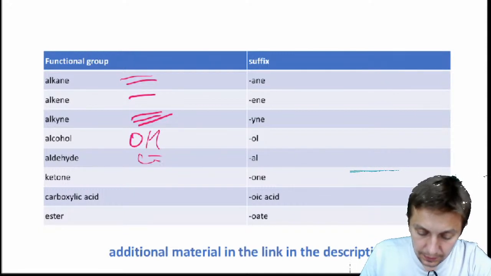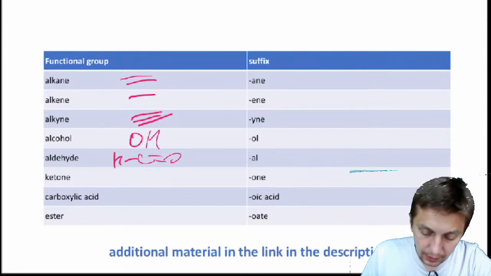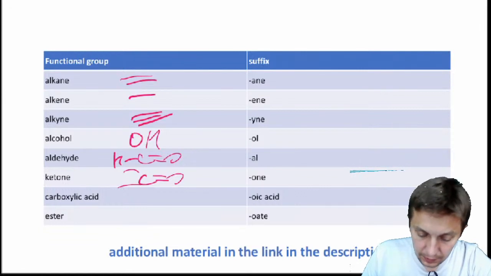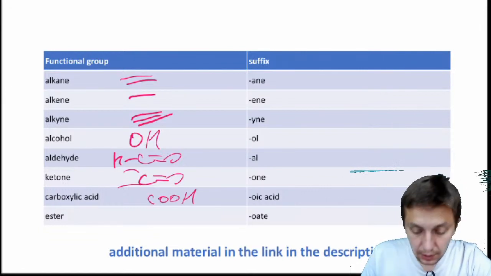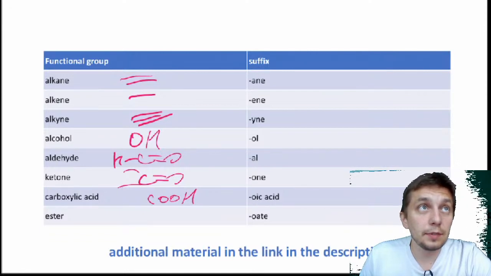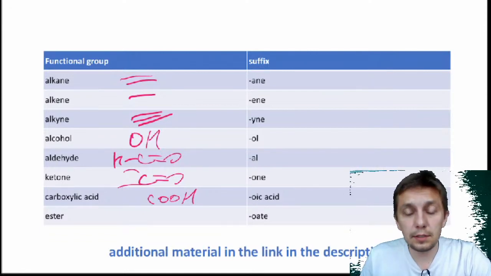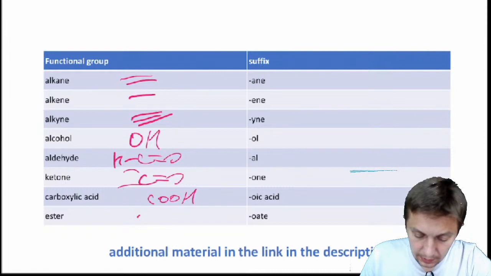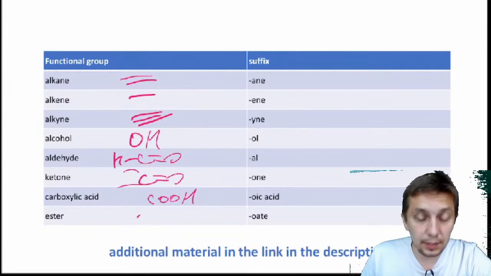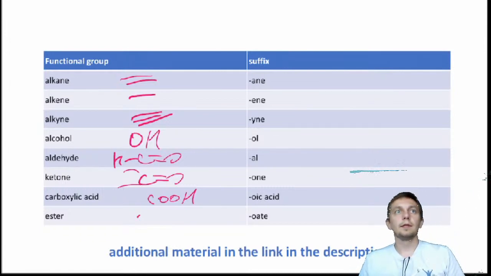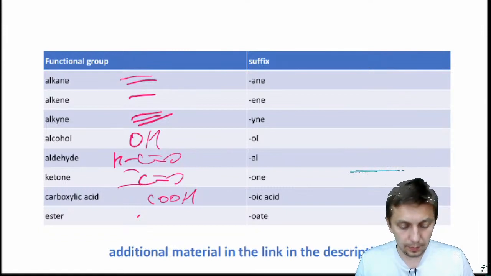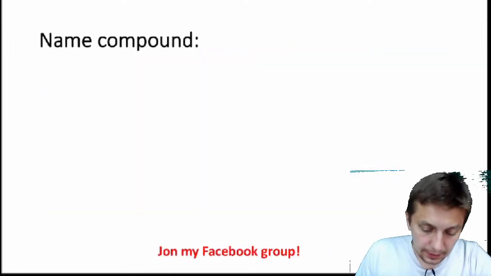If CHO, al. If CO without hydrogen, it's one. If COOH, oic acid, for example, methanoic acid, benzoic acid, and ester, ethyl acetate, for example, is typically used in cosmetics.